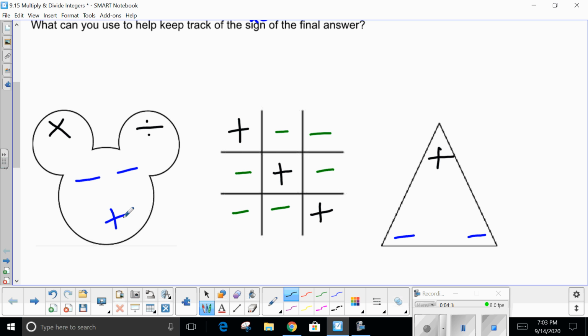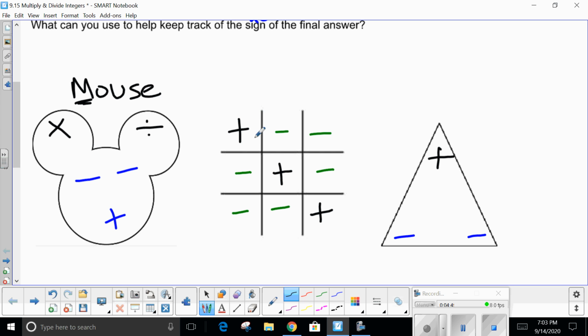We could also say a positive times a negative equals a negative answer. So you can see how the Mickey Mouse head can work for us in this case. And remember, this is multiplying and dividing. Okay, if you want to think of mouse beginning with M and multiplying beginning with M, that might help you remember that this is for multiplication.